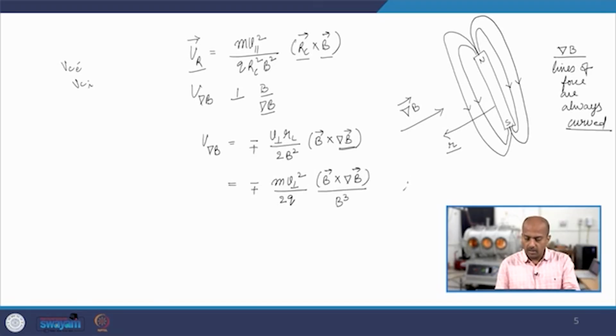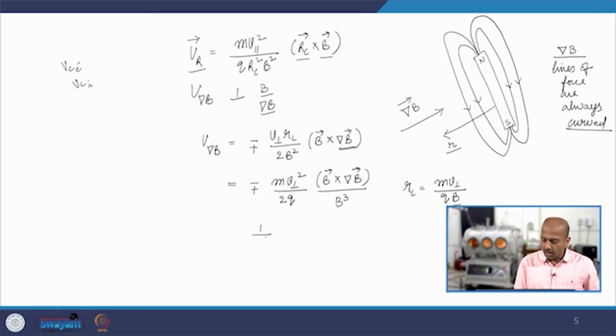What did I do? I have used RL is equal to m V perpendicular by QB, right, m V perpendicular square by 2Q B cube. That is why this additional Q comes and multiplies this B square, right.